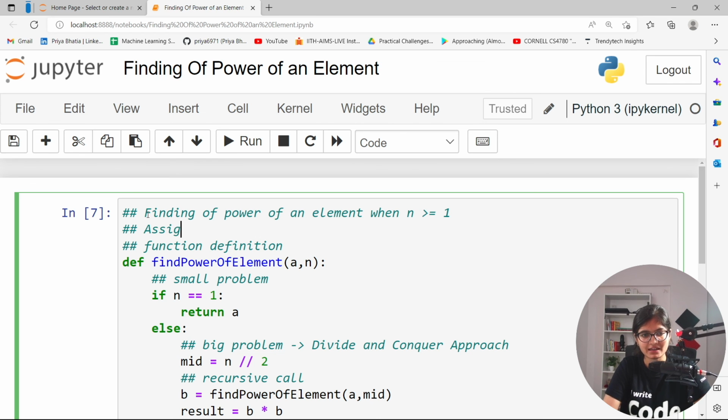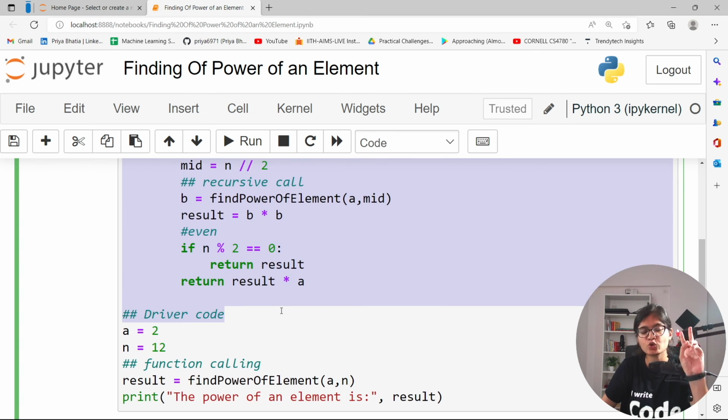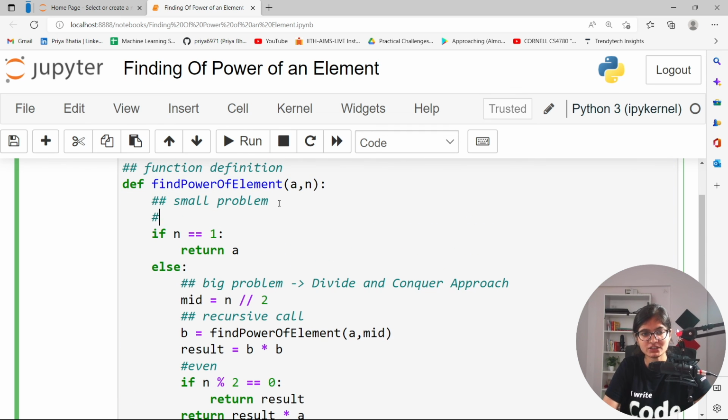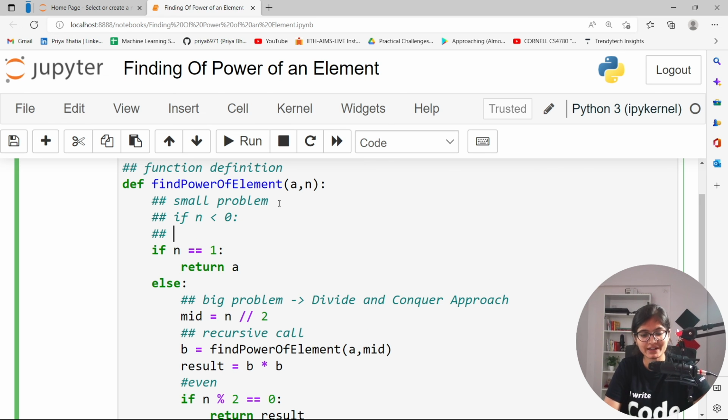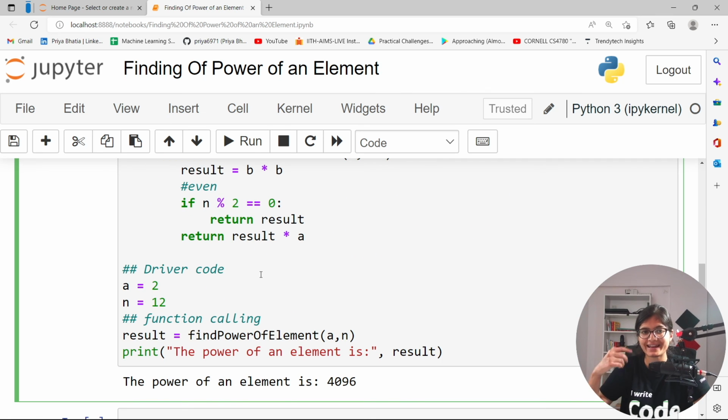Your assignment task for today, after listening to this session, since I have already talked about the approach for the condition of n less than or equal to 0, is to take this file as it is and add two more if conditions. One if condition for if the value of n is less than 0, what will happen? Another if condition for if the value of n is equal to 0, what will happen? And after that, your code should work even for negative values of n.